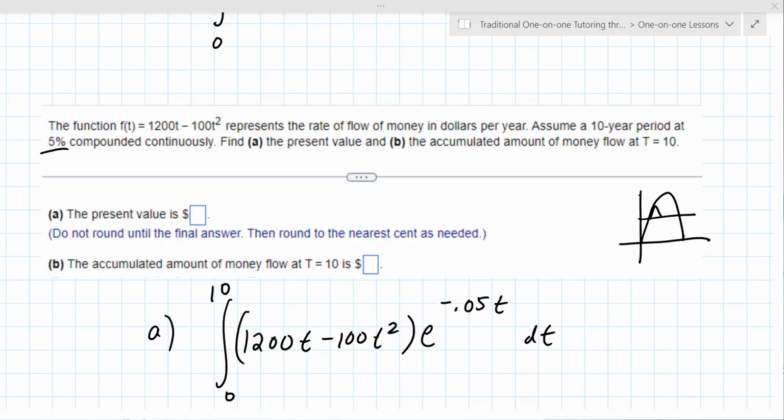It's nearest cent. So the problem here is it didn't give me another decimal place. Let me see. Yeah, I got to do this one by hand. Okay, let me do that.